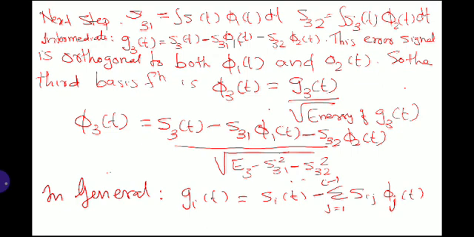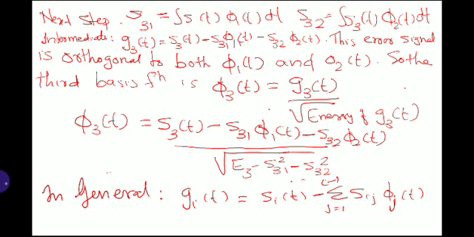So this is an error signal. This is the error between the signal S3 of t and its approximation on phi1 of t and phi2 of t, or its approximation on the 2D space defined by phi1 of t and phi2 of t. So this error will be orthogonal to both phi1 of t and phi2 of t, as we have studied before.